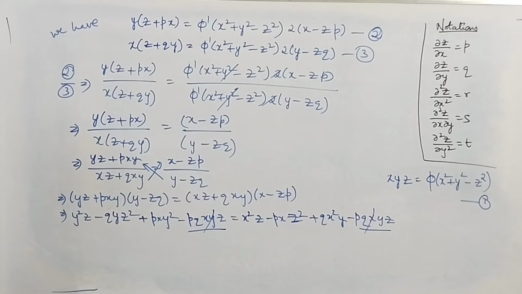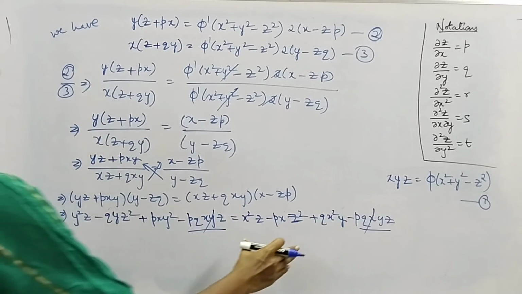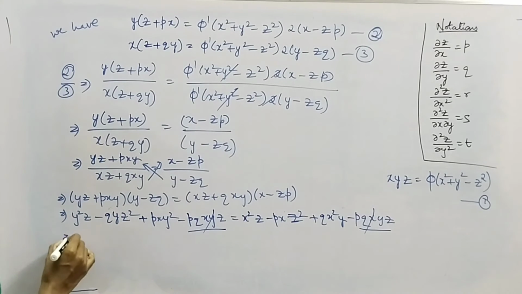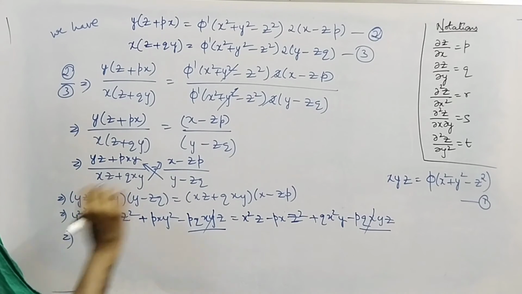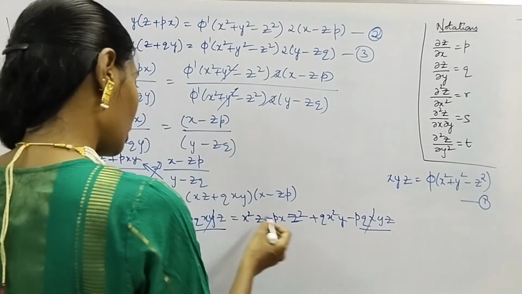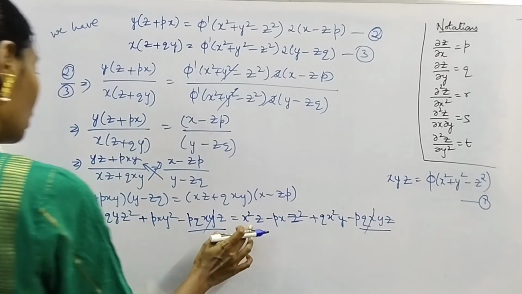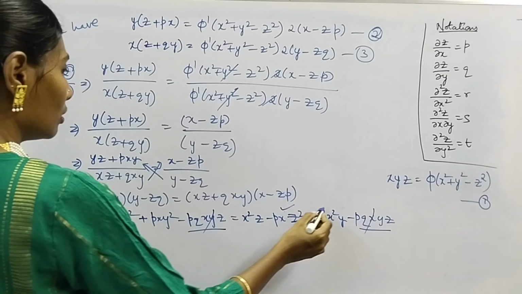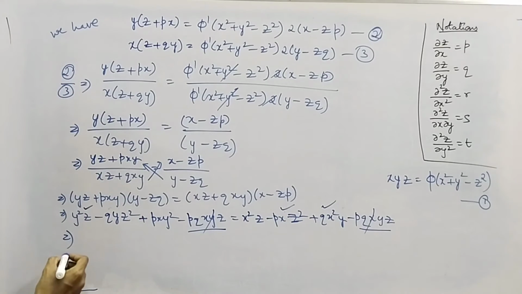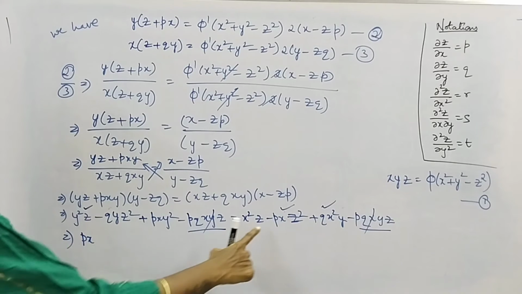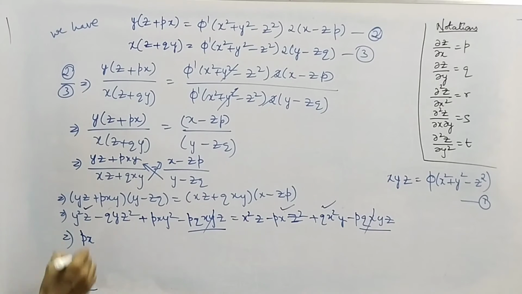Now write the terms involving p and q in LHS and the terms which do not involve p and q in RHS. I'll take this to RHS and bring these two to LHS. So I'll bring this first, pxz square, here you have minus, becomes plus.